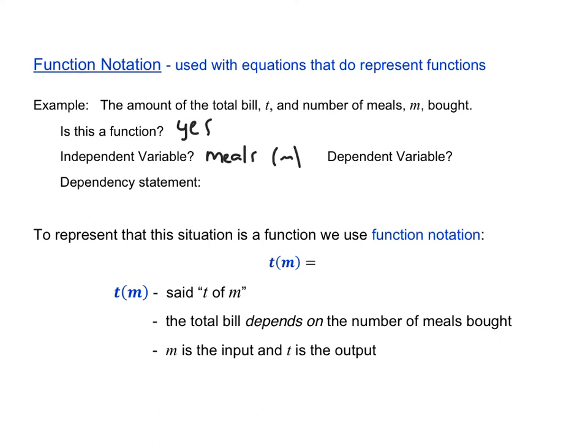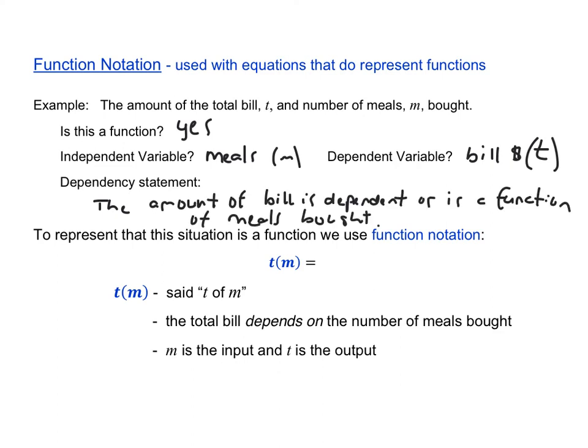And the dependent is the amount of the bill. So we'll just put the bill. And that's usually common. So usually cost is always dependent on something. So the dependency statement is that the amount of the bill is dependent or is a function of the meals bought.